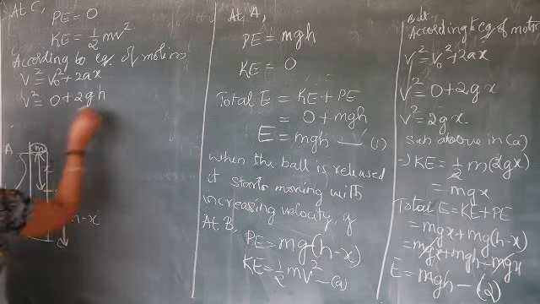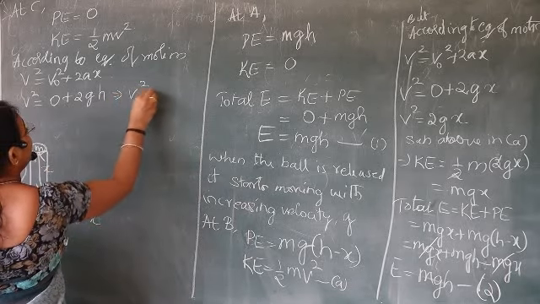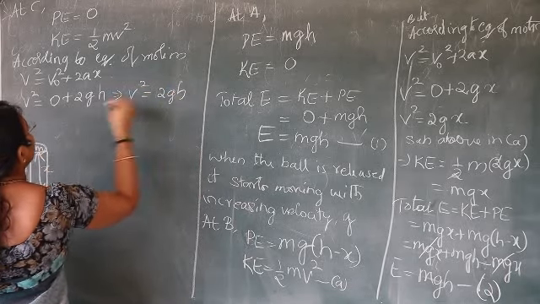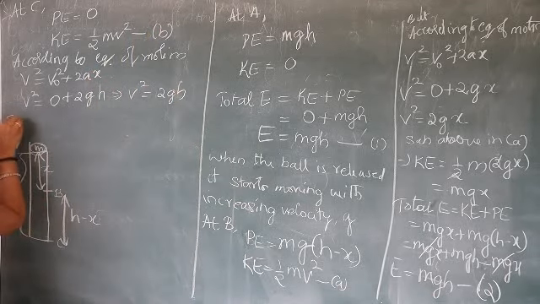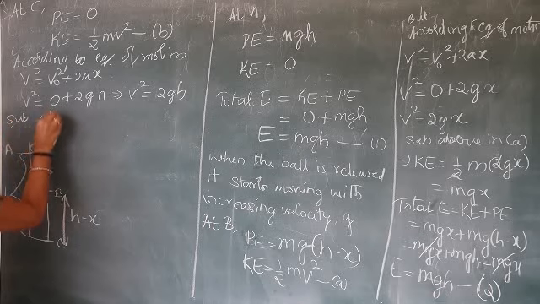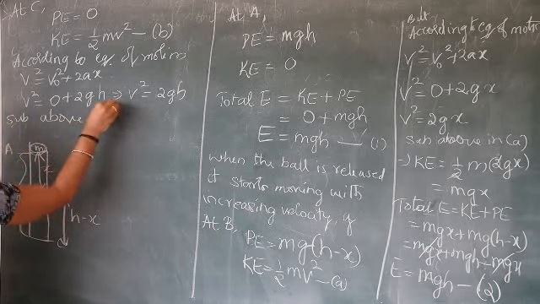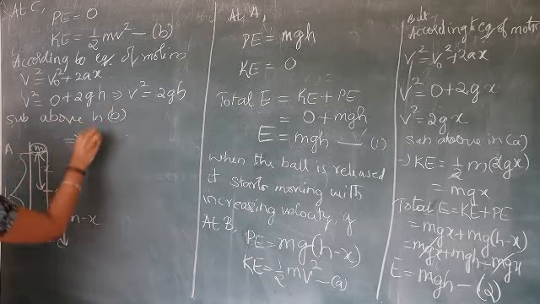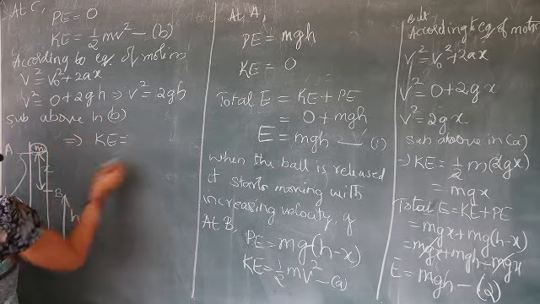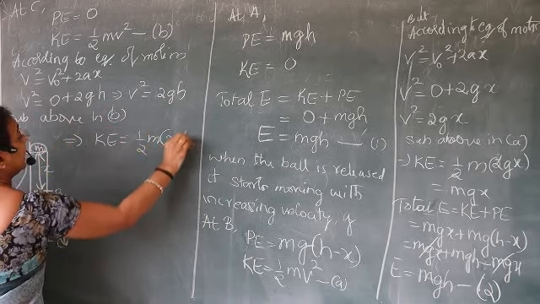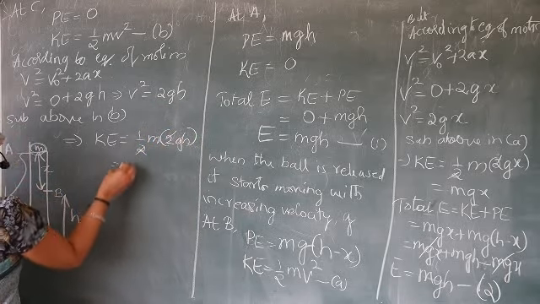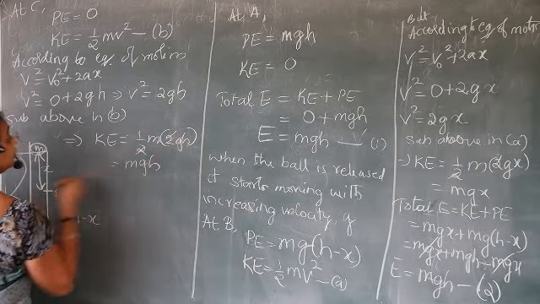So we can write v square is equal to 2gh. Substitute in B. This implies kinetic energy is equal to half m times 2gh. The 2 gets cancelled, that is mgh.